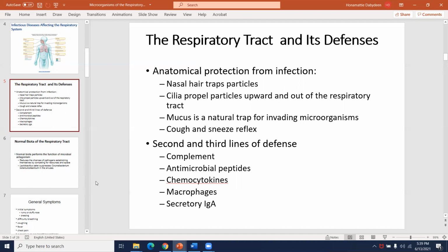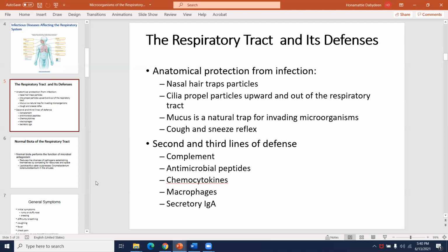The complement will be triggered or activated, antimicrobial peptides. We talked a little bit about cytokines and the macrophages coming into play, secretory IgA, when we talked about the different types of immunoglobulins, the antibodies. I mentioned one of the jobs of the IgA antibodies, protection of the mucous membranes around the system.